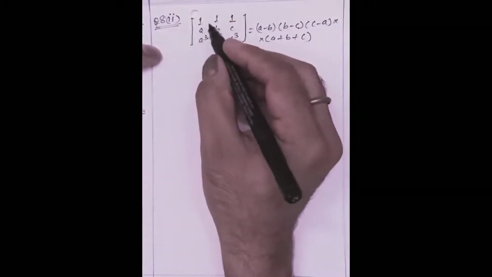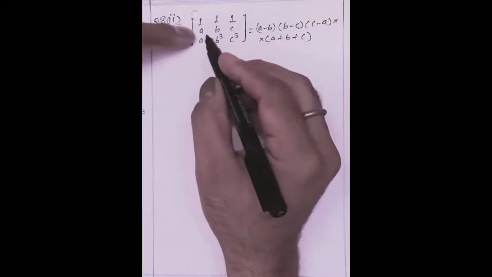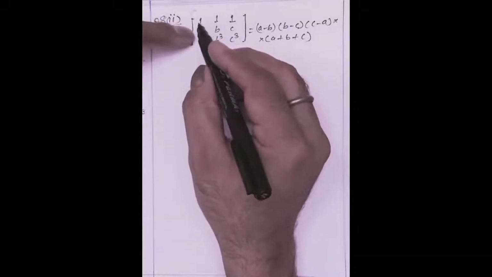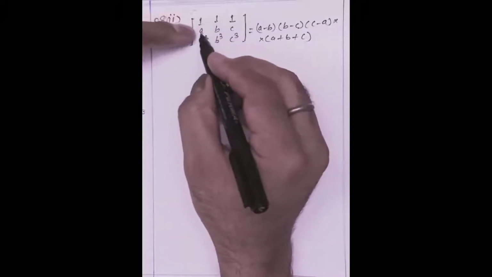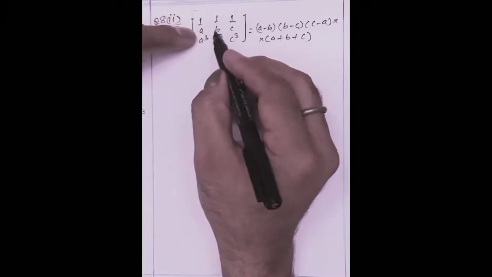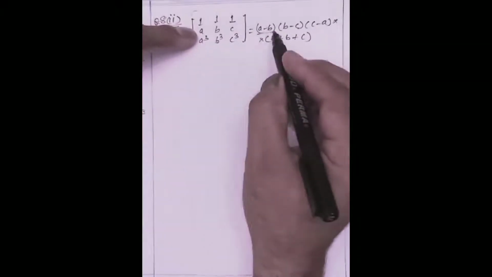Here also we are trying to get maximum 0. So if I give the operation C1 will change to C1 minus C2, then 1 minus 1 we will get 0 over here, and simultaneously we will get A minus B, A cube minus B cube here. So that A minus B, one factor, is our target also.